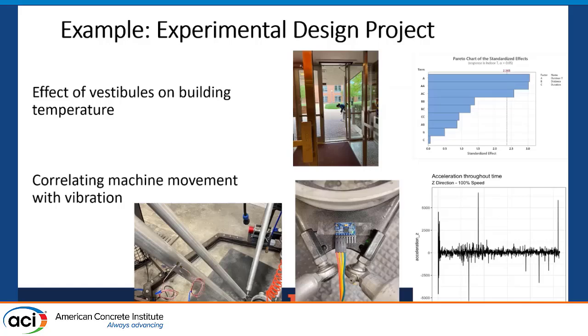And the Pareto chart there is just ordering the effects of different variables. And so they looked at the delta T between the inside and outside temperature. They looked at the distance. And they found that one was statistically significant. The distance wasn't as significant. But the duration that the door was open was.